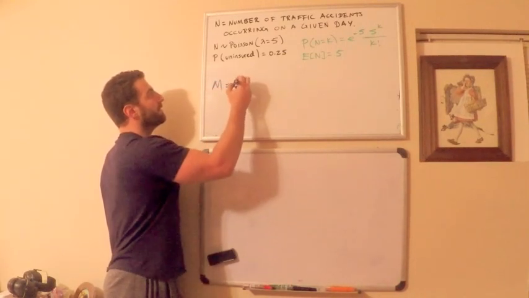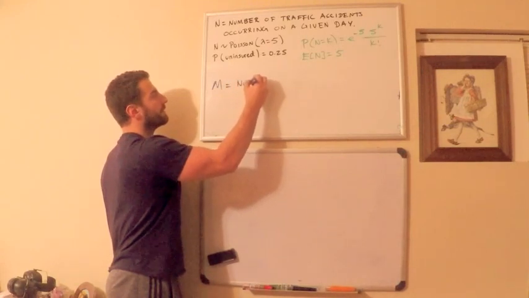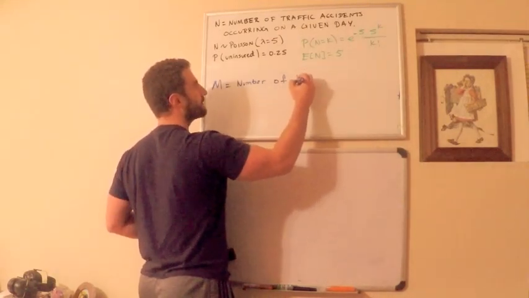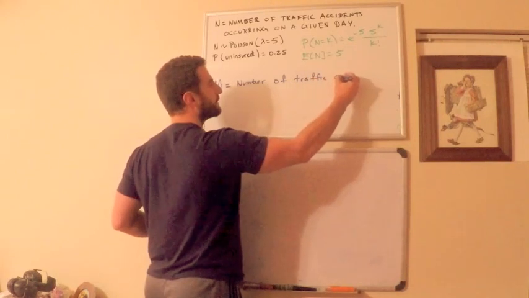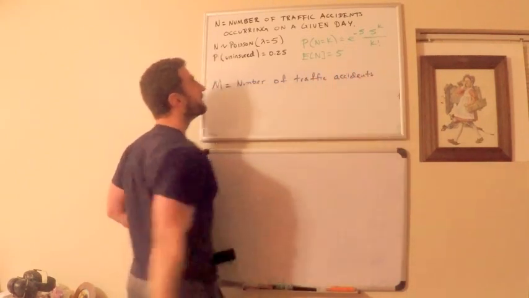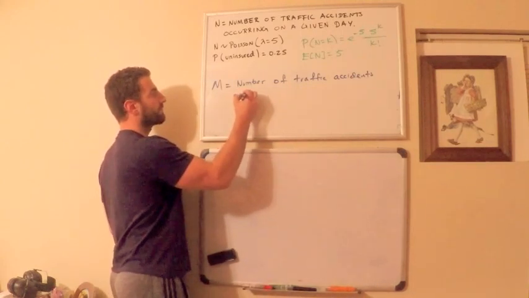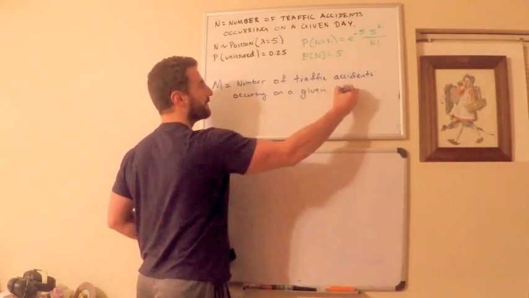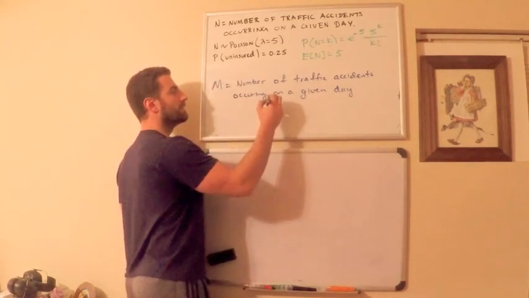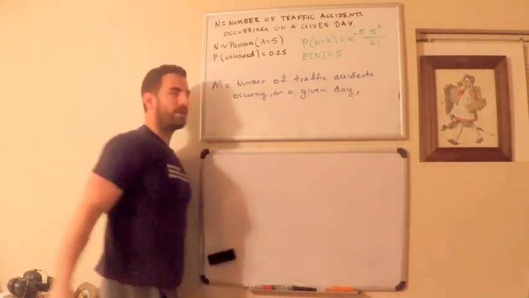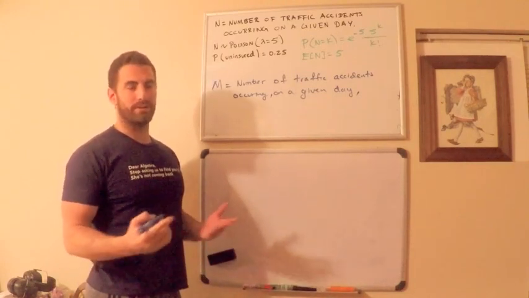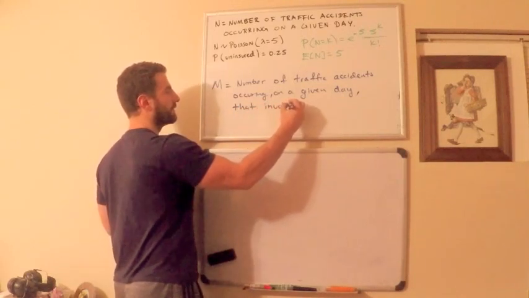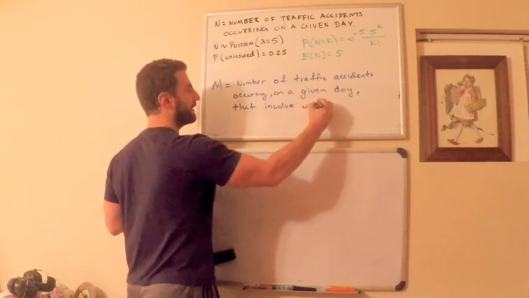M is the number of traffic accidents occurring on a given day that involve uninsured drivers.